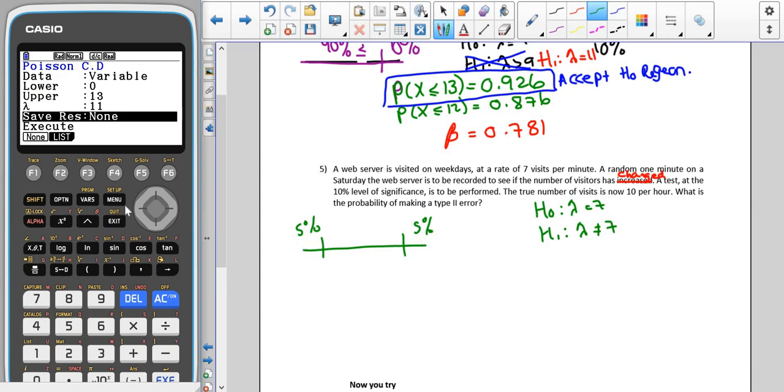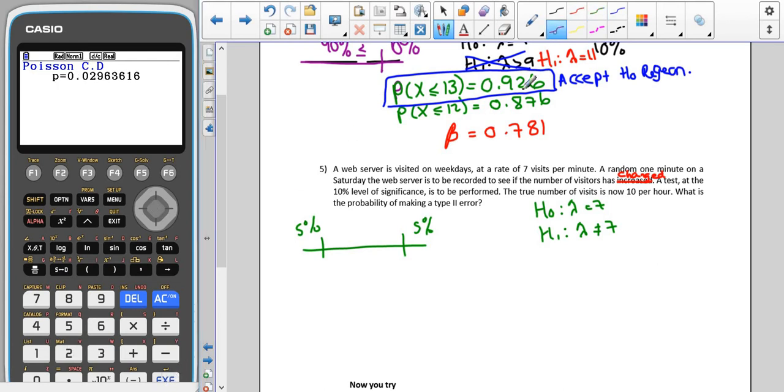So, for the first one, we're going to try and find this value here, which means that I have at most 5% here. So let's try 2, see what that gives us. So probability of x being less than or equal to 2 gave me 0.0296, which is less than 5%.